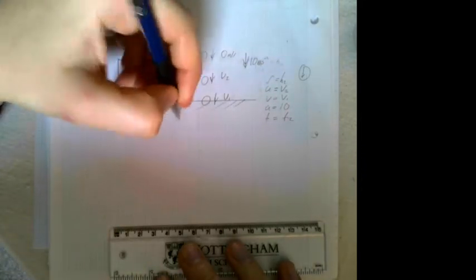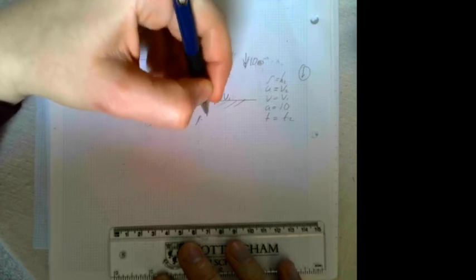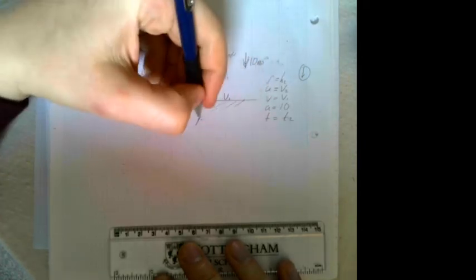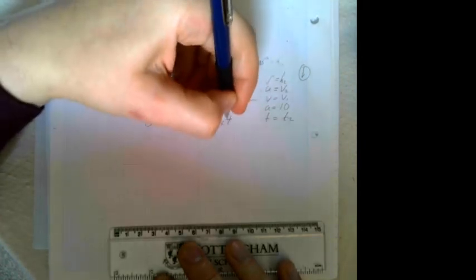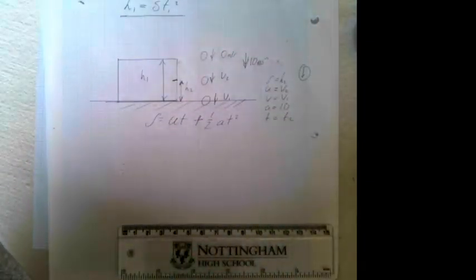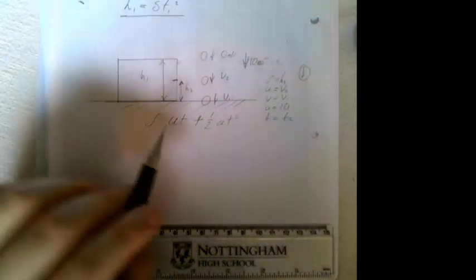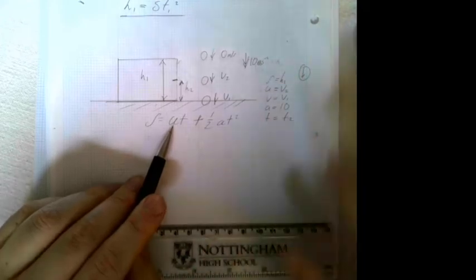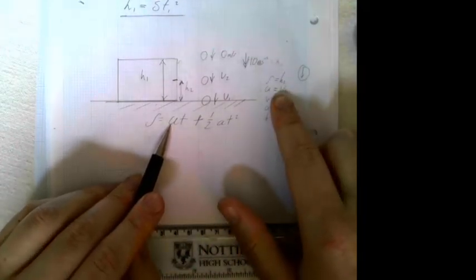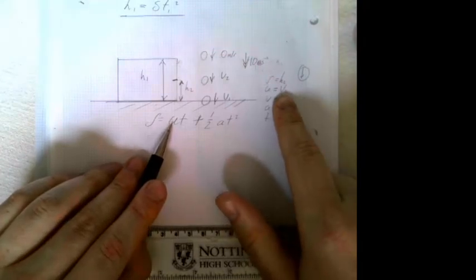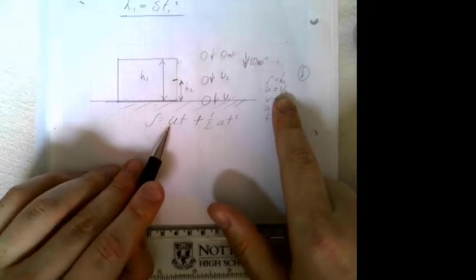So I think the most sensible formula to use is that s is equal to ut plus a half at squared. There's one issue here, isn't there? And that's that we don't know what that u is. U being the initial velocity in that time period we're considering. We're defining it as v2, but we don't know what that is yet, so that's going to be a problem we're going to have to solve.